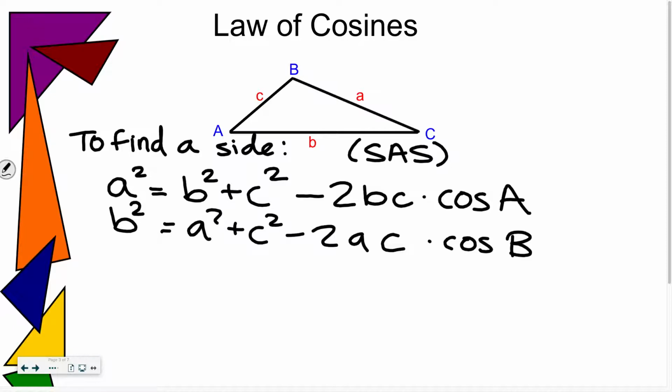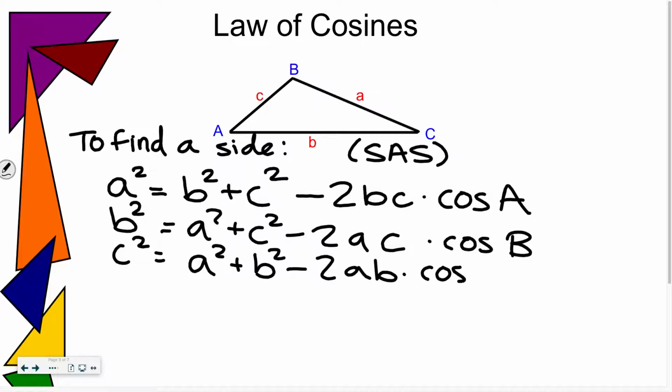Okay, so you'll practice using it and applying it. You won't have to memorize it. Okay. And could you imagine there's a third one? Okay, if you want to write it down, you can. It's going to be c squared equals a squared plus b squared minus 2ab times the cosine of c.